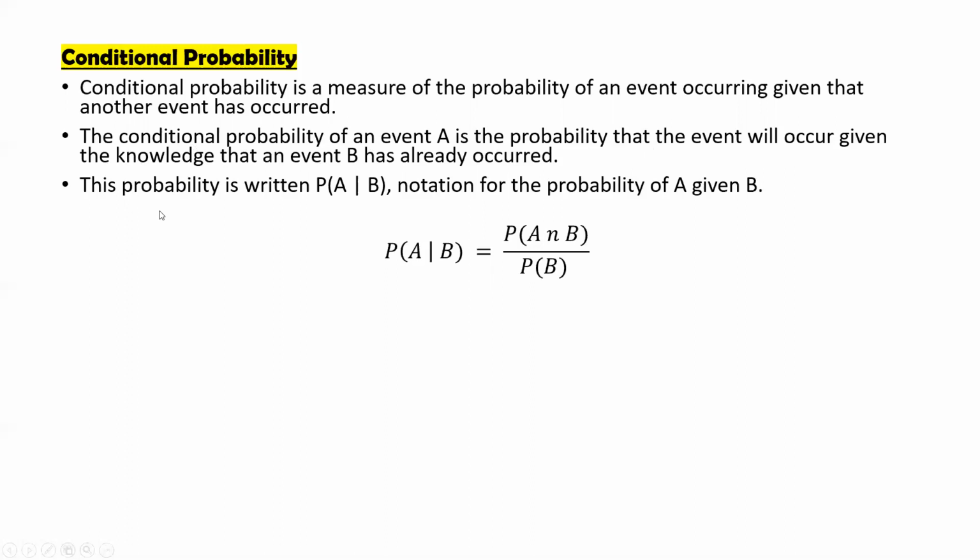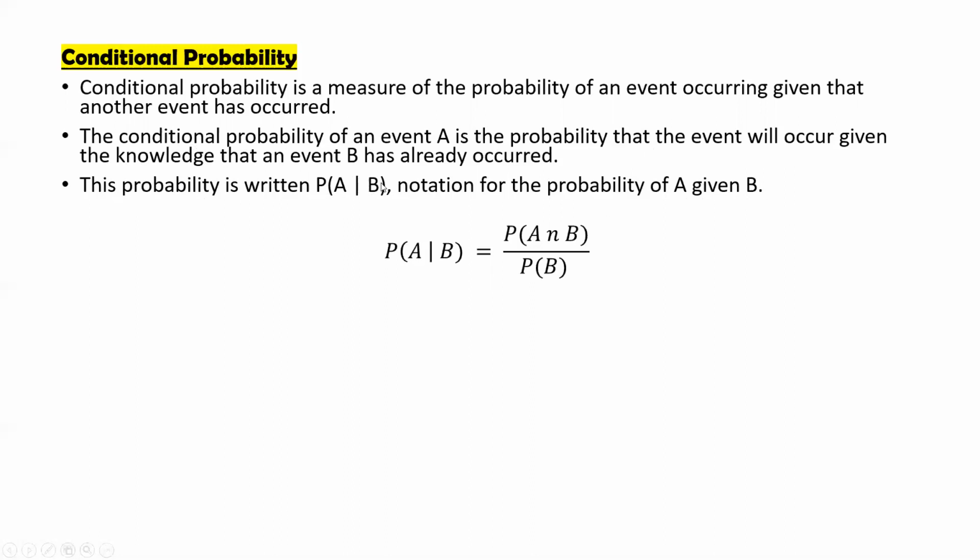The probability is written as P(A, then a vertical line, then B. This is the notation of the probability given. This is what we call the probability of A given B.